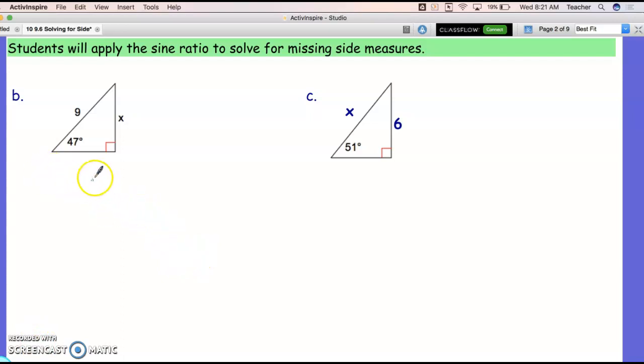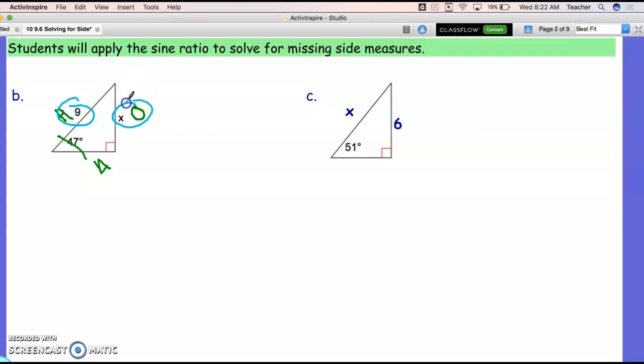All right, for this next one, we're working from this 47-degree angle over here. My opposite side is going to be diagonally across from it, so the opposite side is this one that's X. Hypotenuse is across from the right angle, so 9 is my hypotenuse. And again, I don't know anything about that adjacent side. So that means I know the hypotenuse.